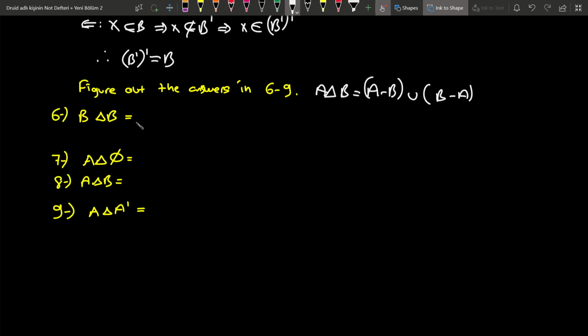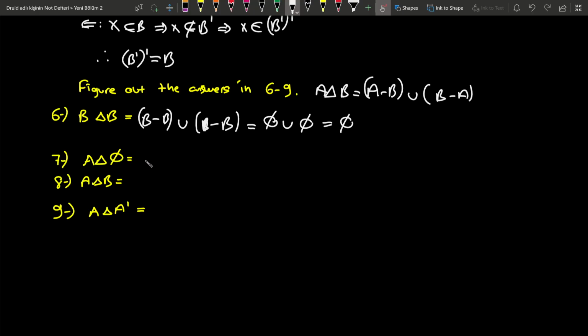So what we have here is A minus A union A minus A. What does A minus A mean? Of course, it's an empty set. Empty set union empty set is going to give us another empty set. Therefore, this is an empty set. So we have A symmetrical difference empty set.